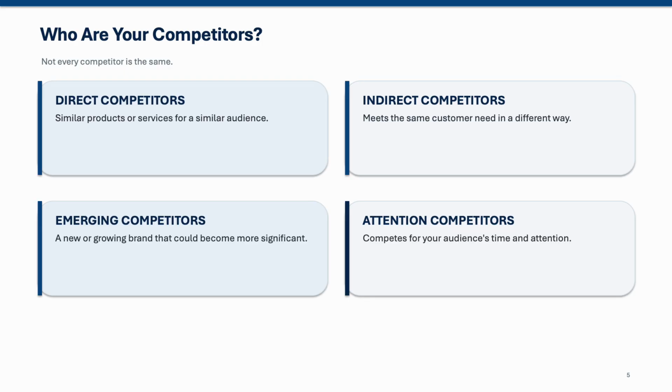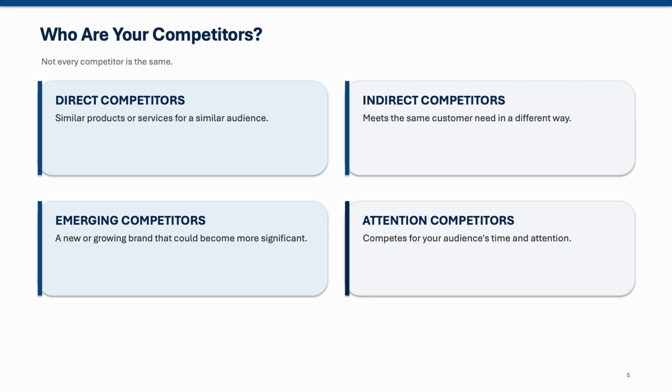When we talk about competitors, it's important to recognize that not every competitor is the same. A direct competitor offers a similar product or service to a similar audience. An indirect competitor may solve the same customer problem but in a different way.